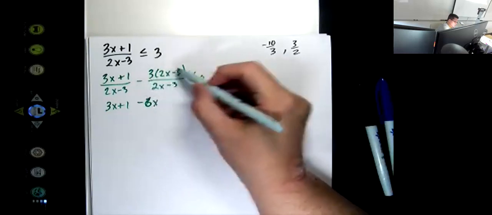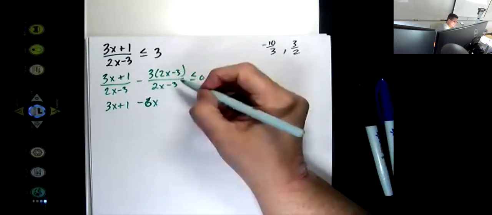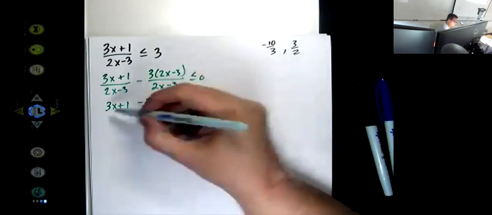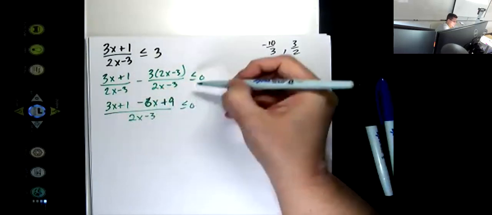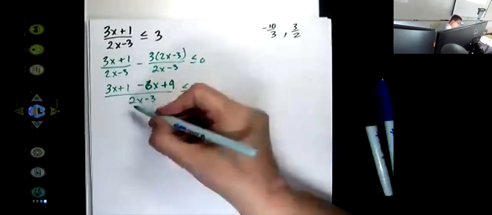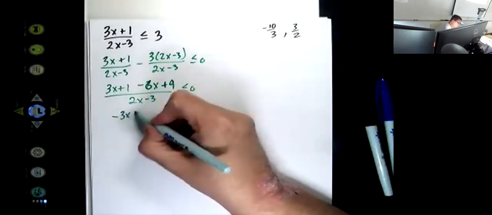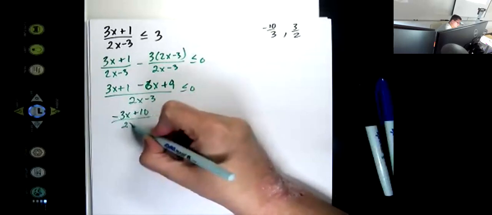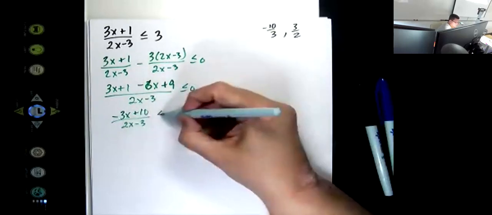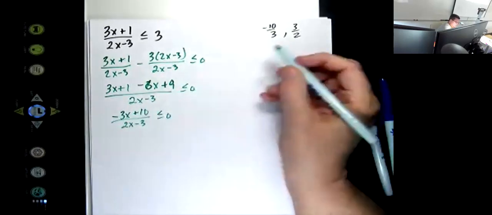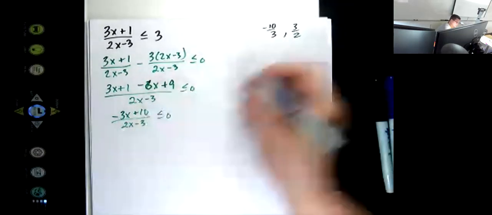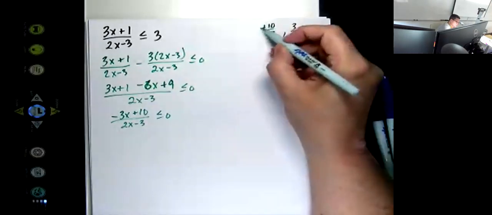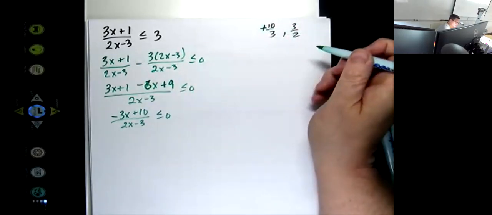And minus 3 times minus 3 is plus 9. Bottom is 2x minus 3. So I'm getting negative 3x plus 10 over 2x minus 3. Those, let's see. This should be positive. They're both positive.